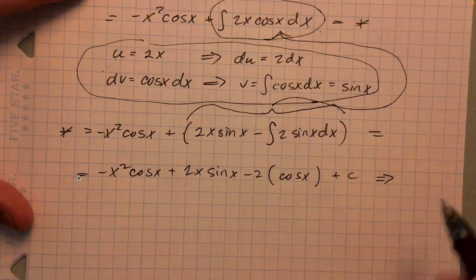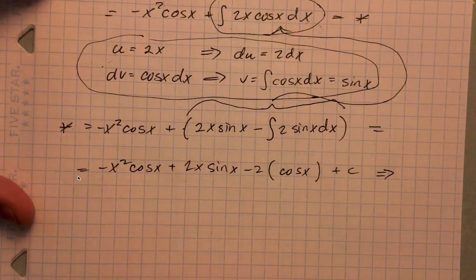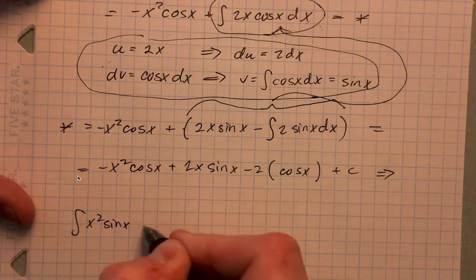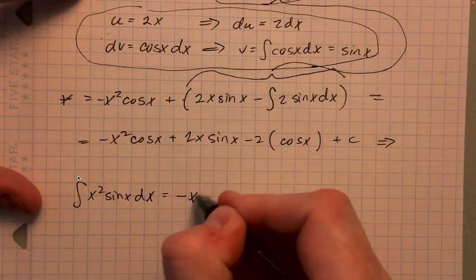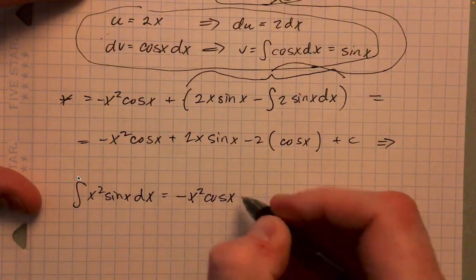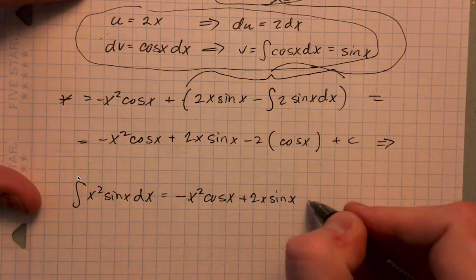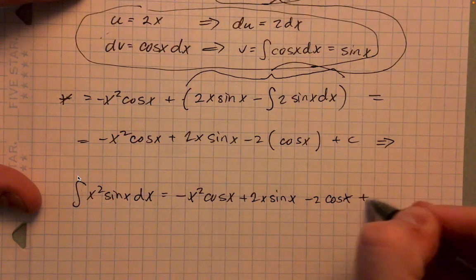Perfect. And so that means that our initial integral, the integral of x squared sine of x dx, we find is equal to negative x squared cos x plus 2x sine x minus 2 cosine x plus c.